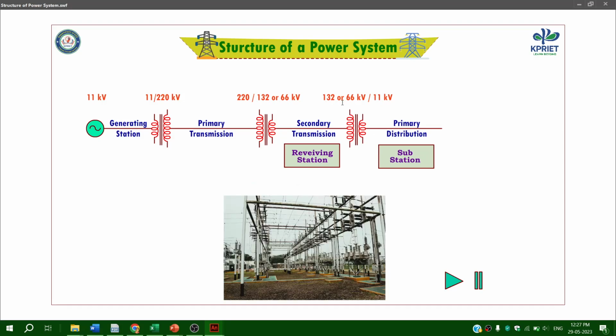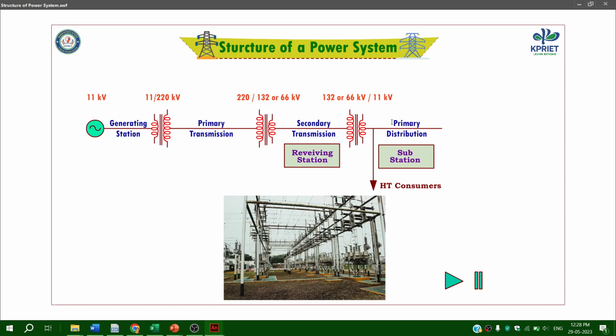Then 132 kV to 66 kV or 11 kV is called the primary distribution. Here we use many substations to distribute the various voltages to the 11 kV system. Here we connect the HT consumers depending upon the need of power.